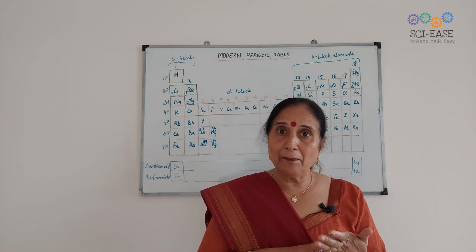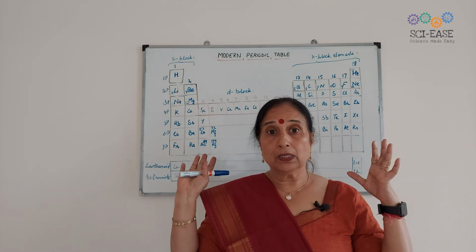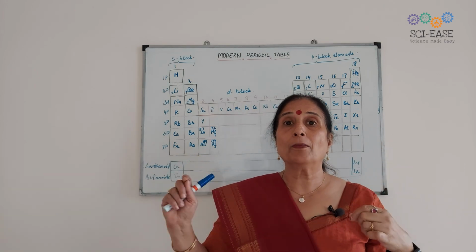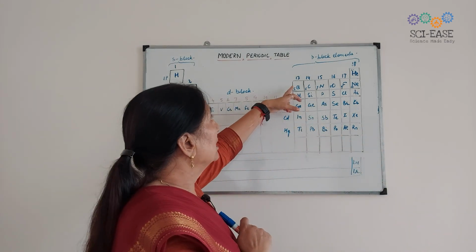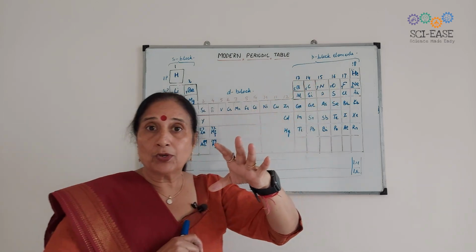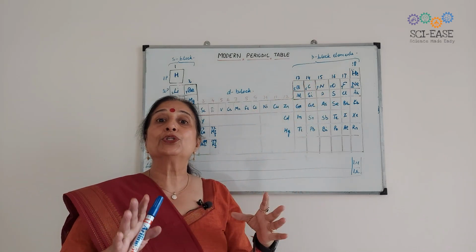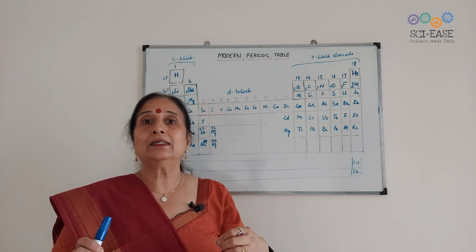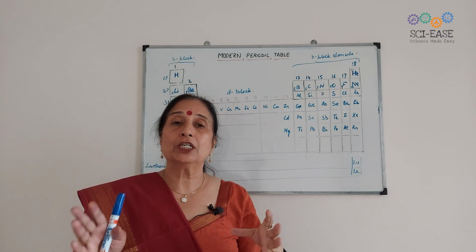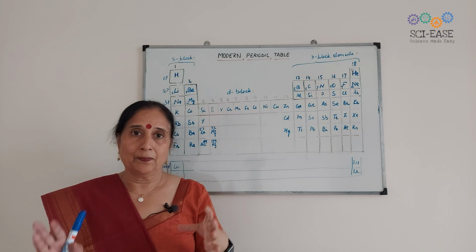You are to remember these elements from group 1, 2 and then from group 13 to 18. Okay, it's a must that you should know their atomic number and also their position in the modern periodic table.